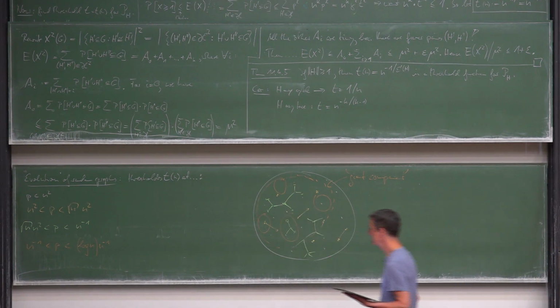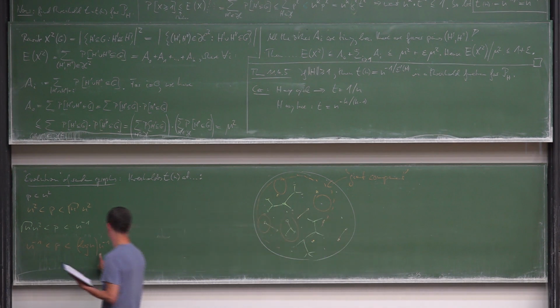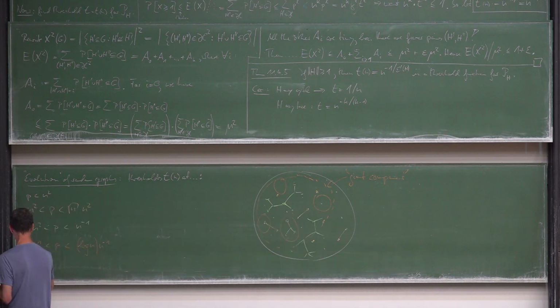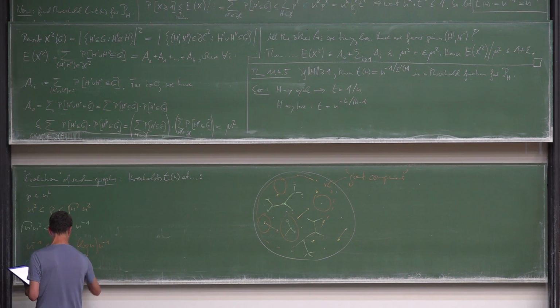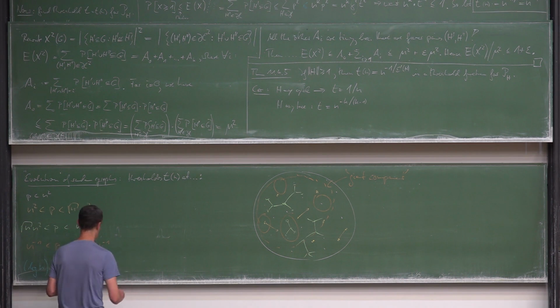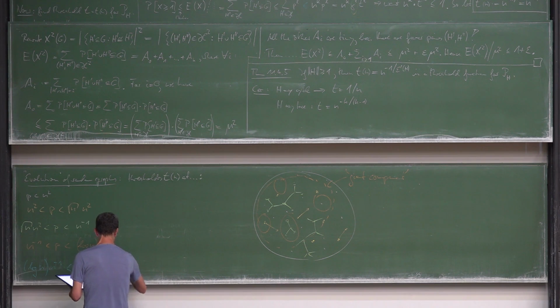Okay, when we've passed that, then the feast is complete. The giant component has eaten everything else. Yeah, let me just write this now. G is connected.